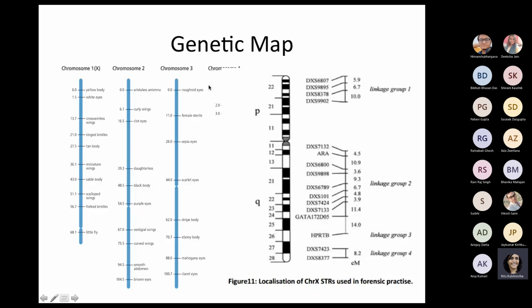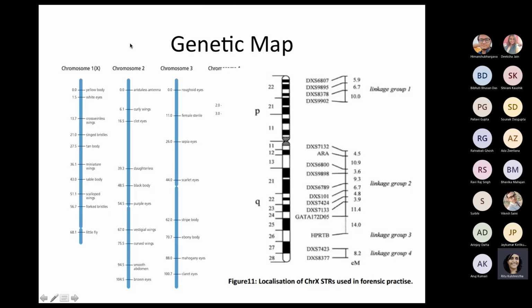But then I can go back to my genetic map and be sure that what I assembled was wrong. So this is how genetic maps can be very useful in giving hints to a person who is assembling the genome about what the right sequence is, etc. Obviously, it will not give the exact sequence, but it can give us a hint and tell us whether we are in the right direction or not.